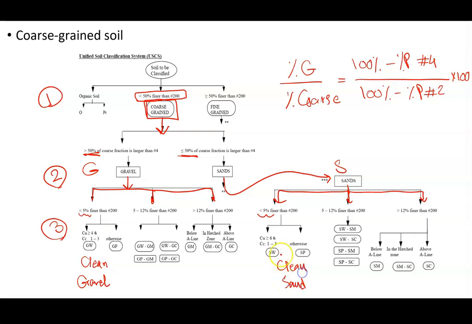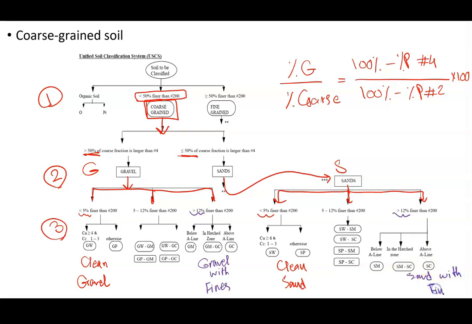And you need to see if it's well graded or poorly graded. If we have more than 12% fines, then we have gravel with fines or sand with fines.